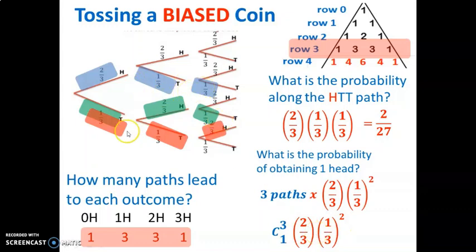Every one of the paths that leads to 1 head looks the same because all of them have 1 head, which is 2/3. All of them have a 2/3 in there, and all of them have 2 1/3, which are the 2 tails. Doesn't matter what order we write these in, the paths all look identical. So we have 3 paths that look identical like this, and that's our full probability of obtaining 1 head. Now this brings us to our key formula for this lesson.